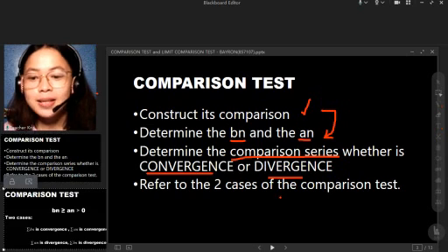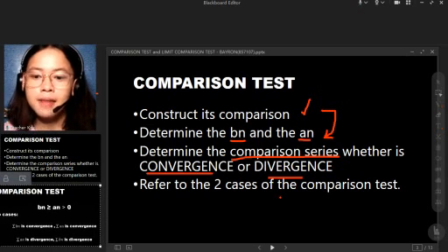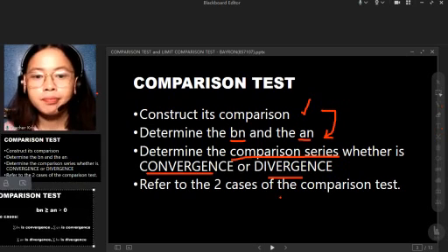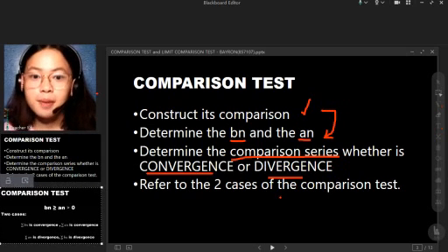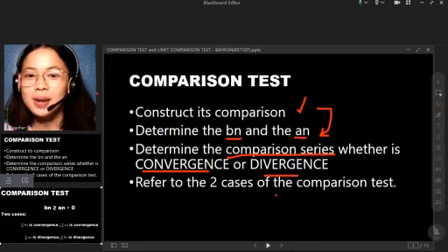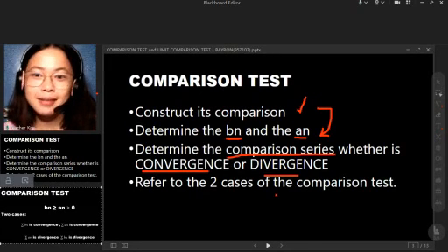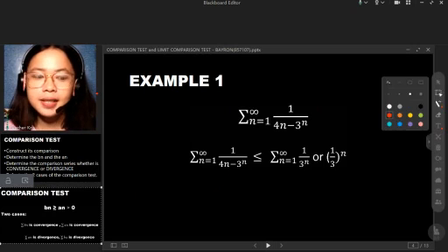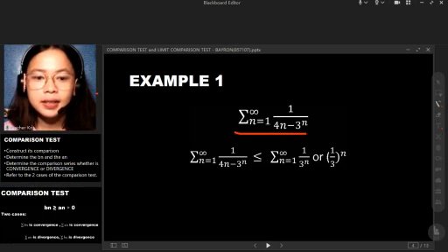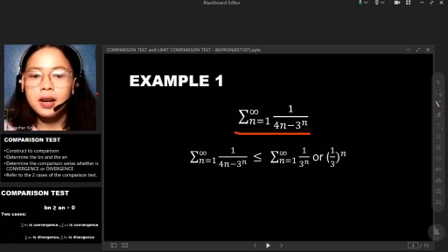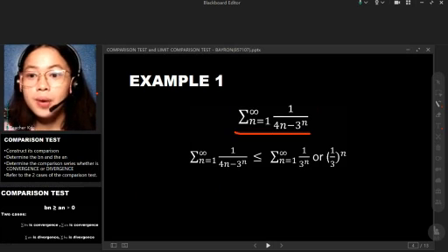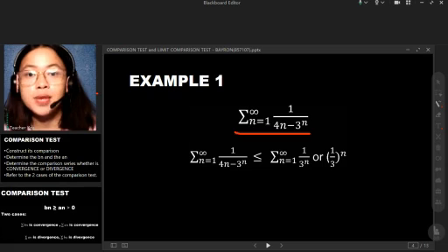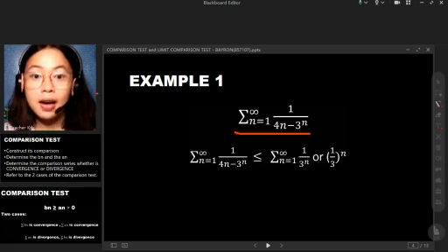So now, since we already have the steps of the comparison test, we're going to try some examples. So we have here this. This is the series from n equals 1 to infinity of 1 over 4 to the power of n minus 3 to the power of n.